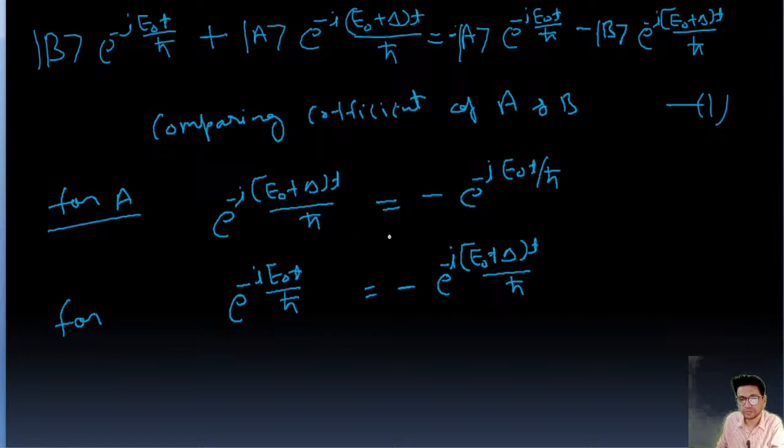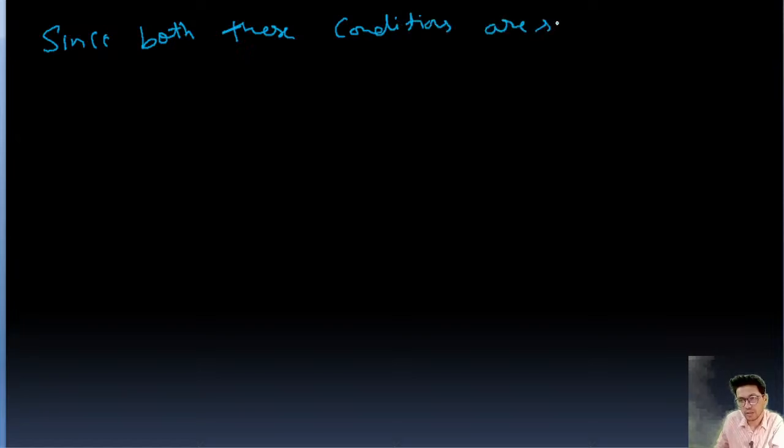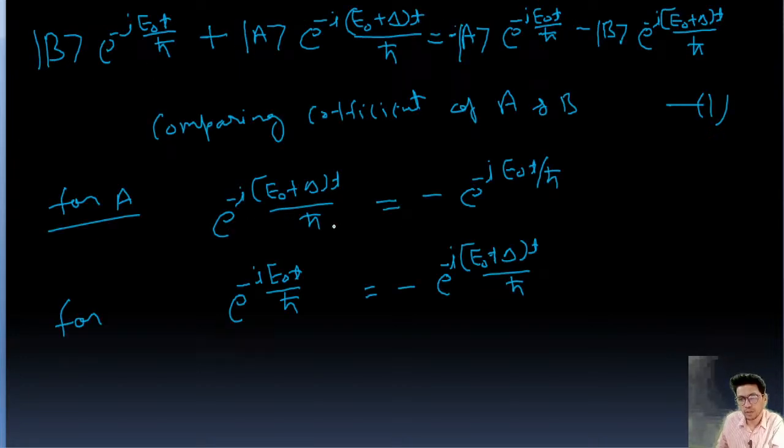Okay, so we can see both these conditions are the same. Since both these conditions are the same, it means either this will be equal to this or this will be equal to this.